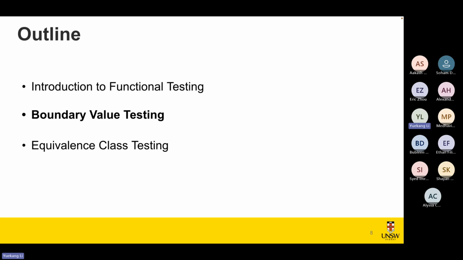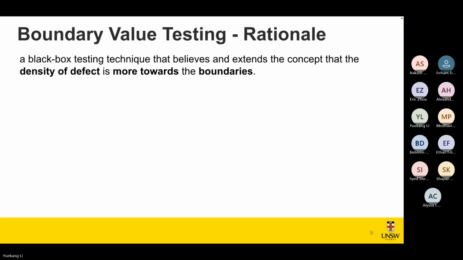The first one we are going to learn today is boundary value testing. Boundary value testing is based on this assumption: the density of defects is higher towards the boundaries of the input space.